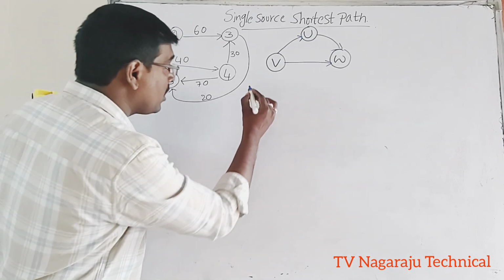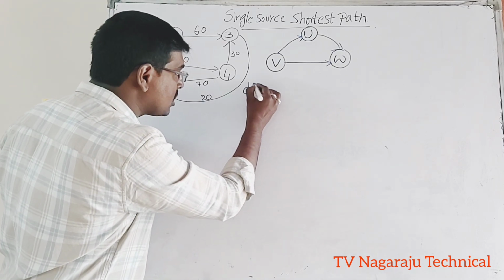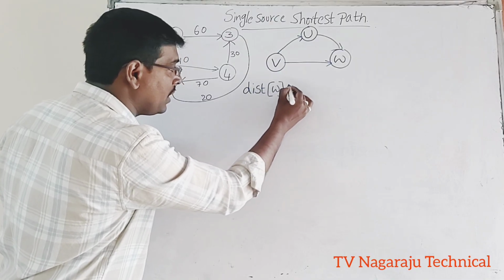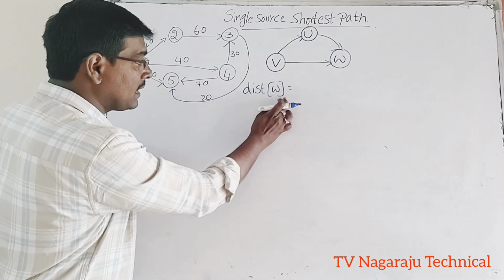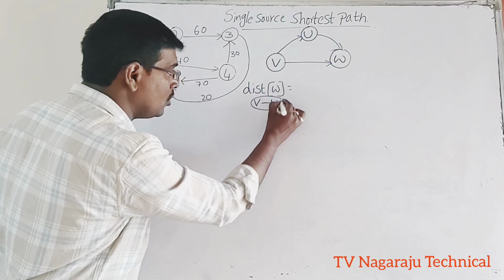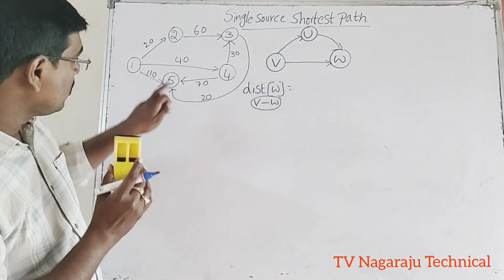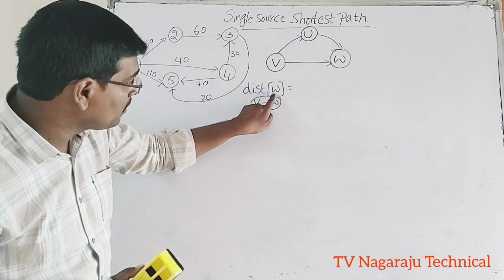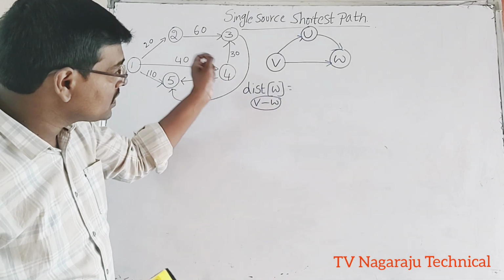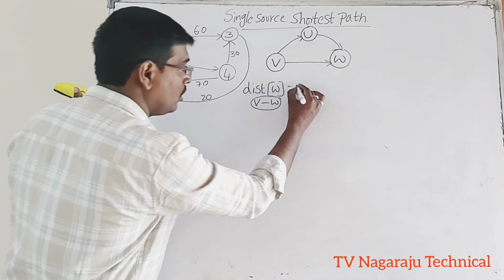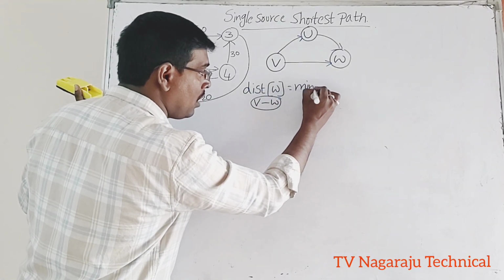Now, what is the formula? The term I am using, DIST of W, means the distance from V to W. Always remember, suppose DIST of 4 means 1 to 4. The term represents the distance from the source vertex to that vertex, and it is equal to the minimum of.